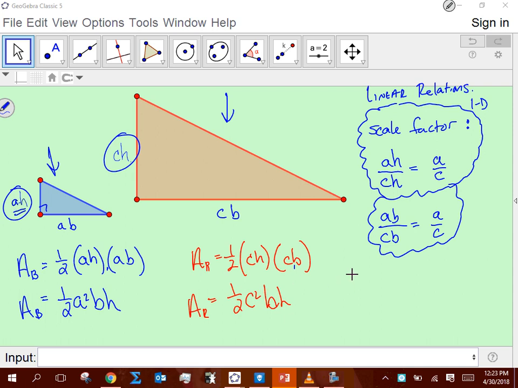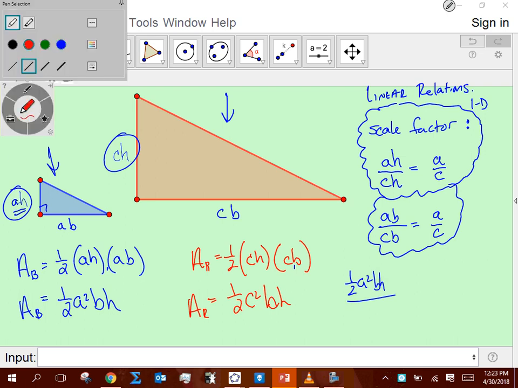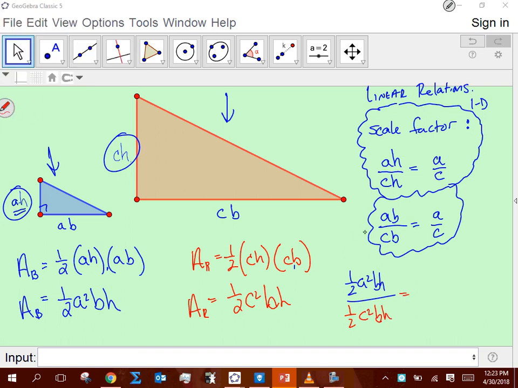So when I do that, when I compare the blue one, which is 1/2 A squared BH, to the red one, which is 1/2 C squared BH, what happens with the 1/2s? Cancel out. What happens with the BHs? Cancel out. What are you left with? A squared over C squared. And that's the relationship.